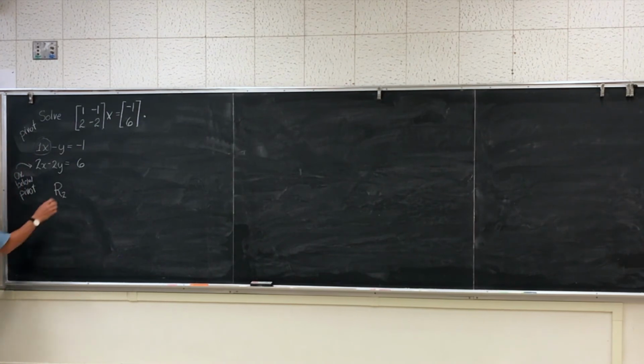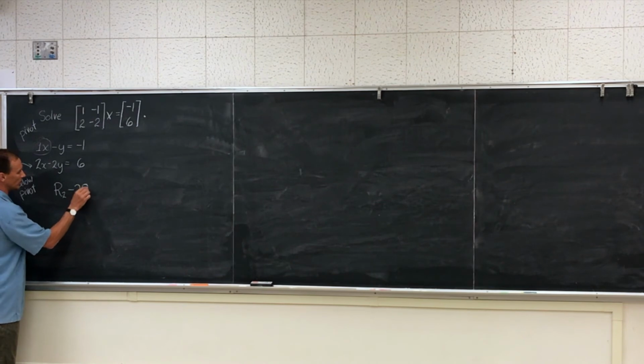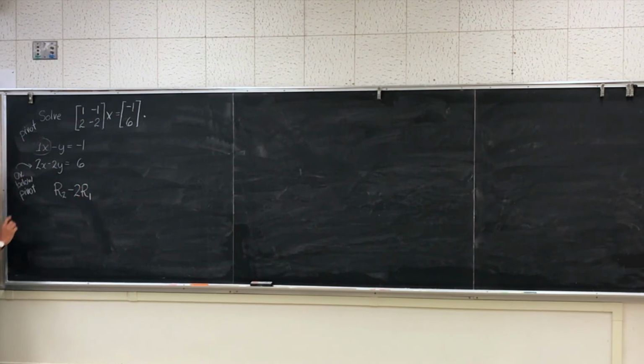Let's subtract off 2 row 1s. That's going to give me 1x minus y equals minus 1. Now I'm multiplying row 1 by minus 2. So 2x minus 2x, that's a 0x, that's what we were hoping for. Minus 2y becomes a plus 2y, equals 6 plus 2 more. 6 plus 2 more is 8.